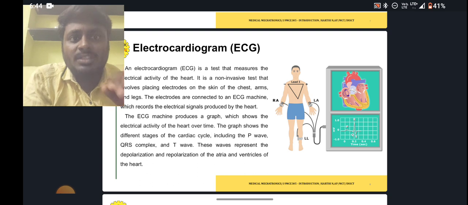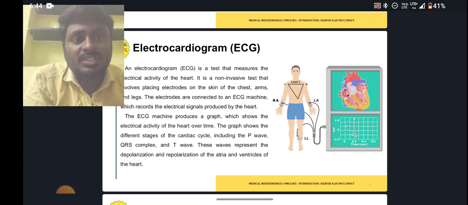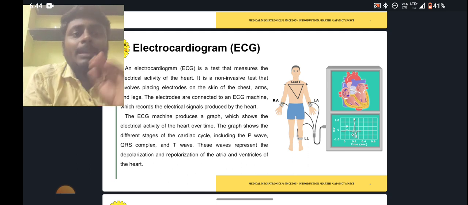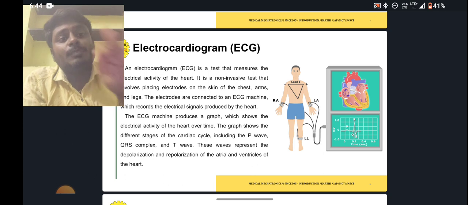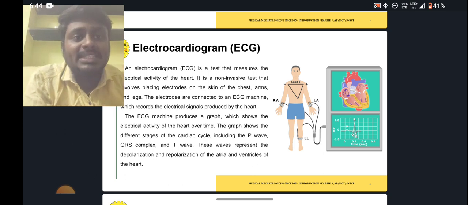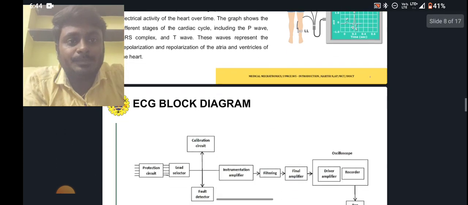The graph shows different stages of the cardiac cycle, which includes the P wave, QRS complex and T wave, simply known as the PQRST wave. These waves represent the depolarization and repolarization of the atria and ventricles of the heart.